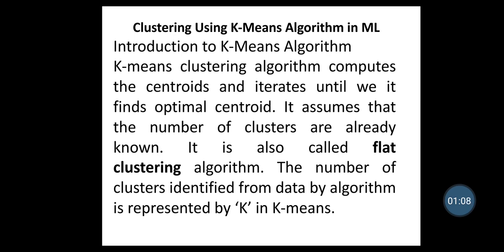We can use a database and define the centroids in the K-means algorithm. It assumes that the number of clusters is already known. It is also called the flat clustering algorithm. The number of clusters identified from the data by the algorithm is represented by K in K-means.